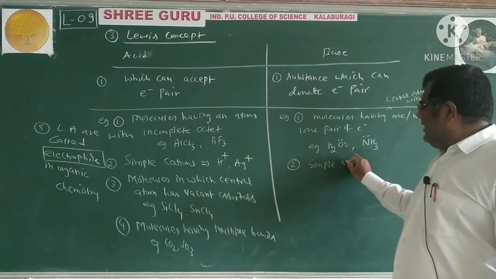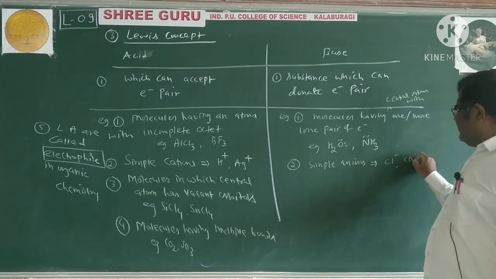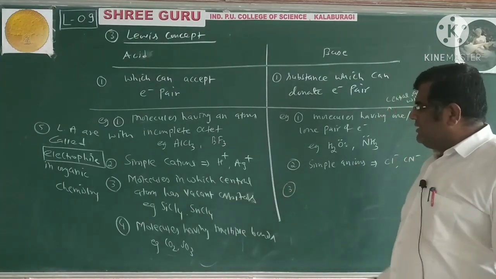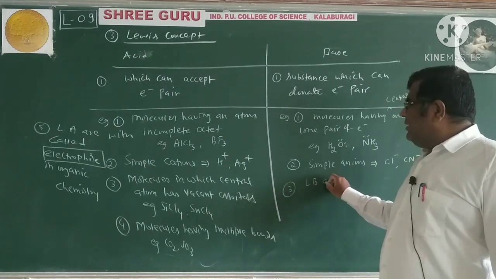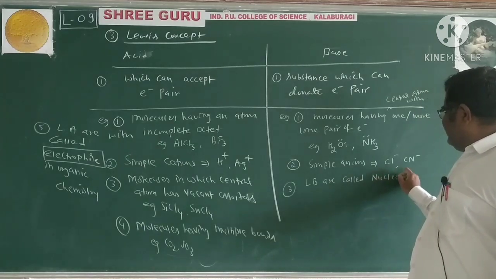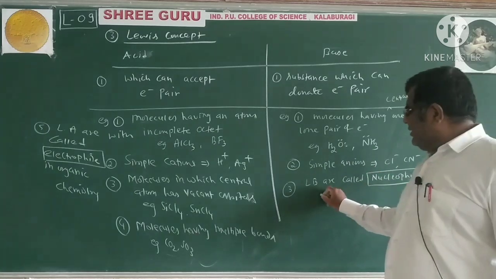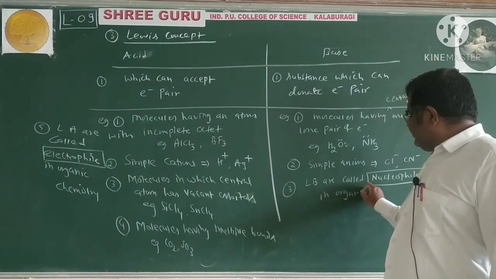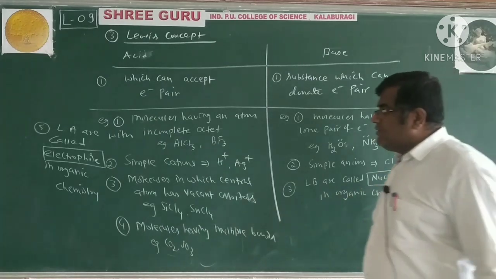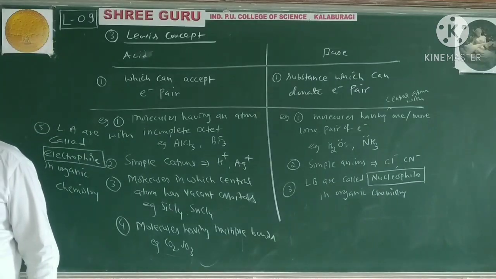Another is simple anions. Example is Cl negative, CN negative. And third one is Lewis base are called nucleophile in organic chemistry. So these are the three types of example in the Lewis base.